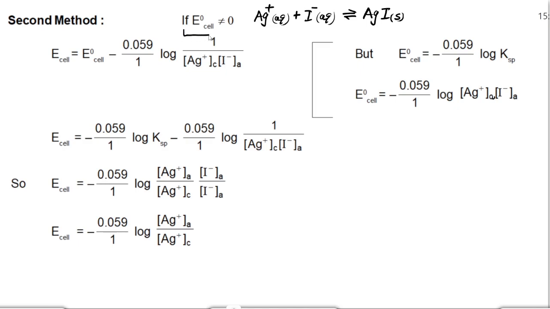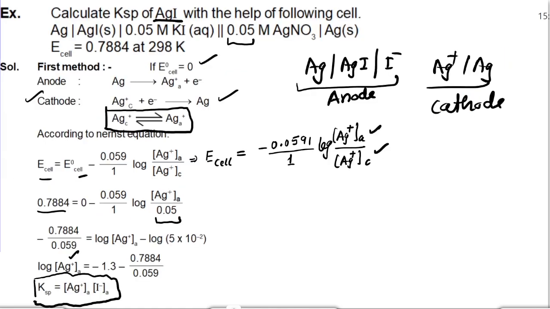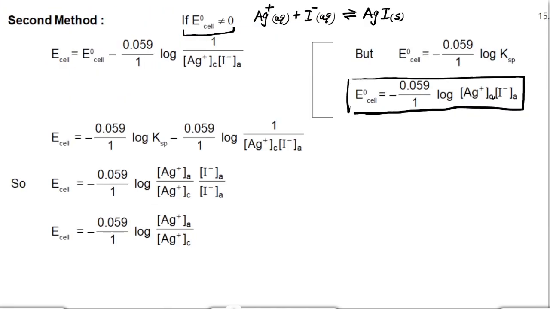Now in the other case, if E naught cell is not equal to 0, we follow the same steps and at the end we get the same result. E naught cell minus 0.059 upon 1 log of Ag plus anode into I negative anode, because Ksp is Ag plus anode into I negative anode. In the second case we will write again in the same way.